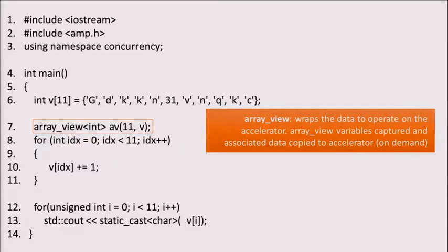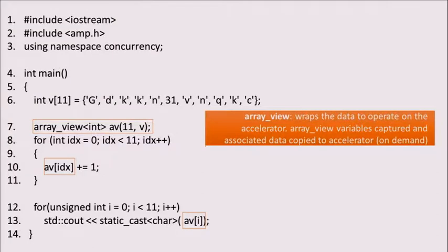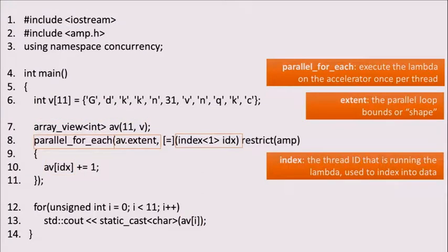It's a discrete card. And then I change that here to use that same wrapped data. And then parallel for each is the entry point for that computation. And I'm giving, instead of 11, I'm giving it an extent of the data that is being sent to GPU.